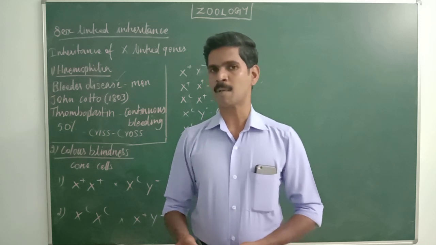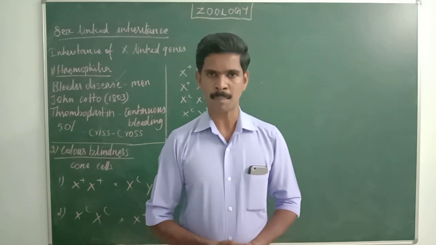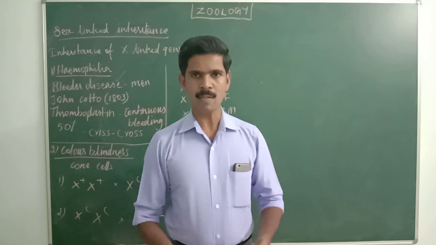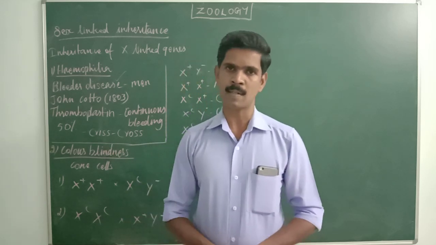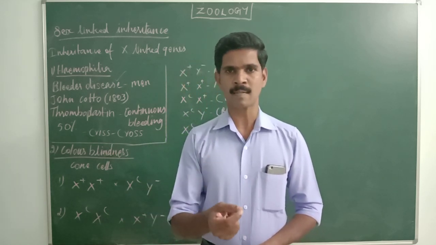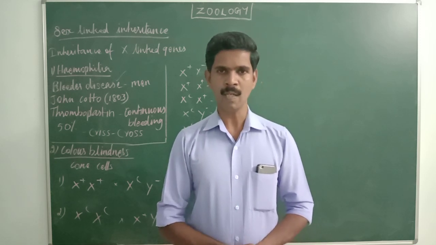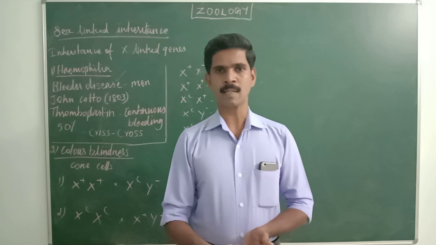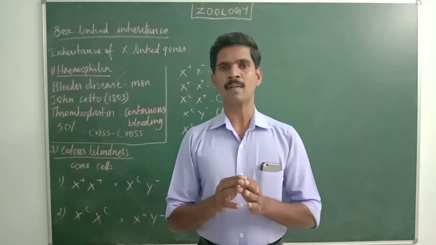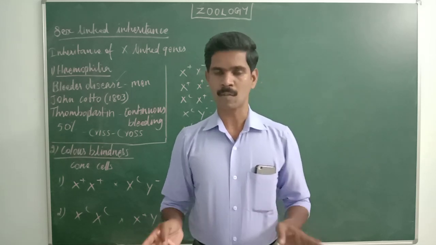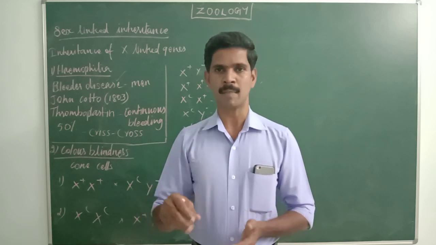Some genes are responsible for producing this thromboplastin. So if anyone is affected with hemophilia, thromboplastin is unable to be produced in their body. If any injury occurs in their body, the blood will not clot, so the blood keeps bleeding continuously.